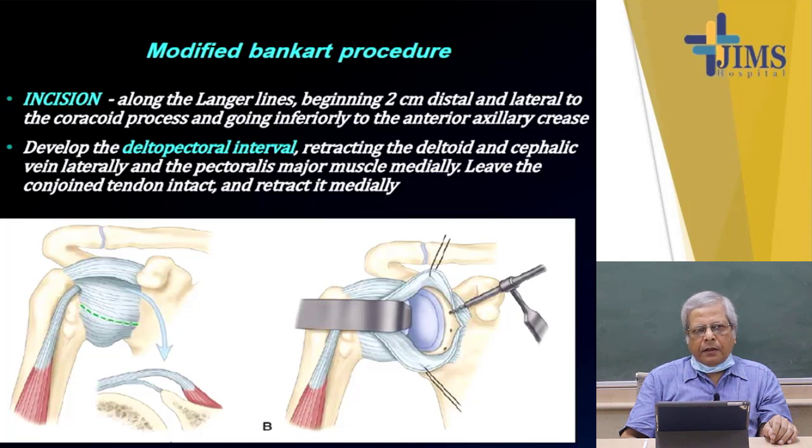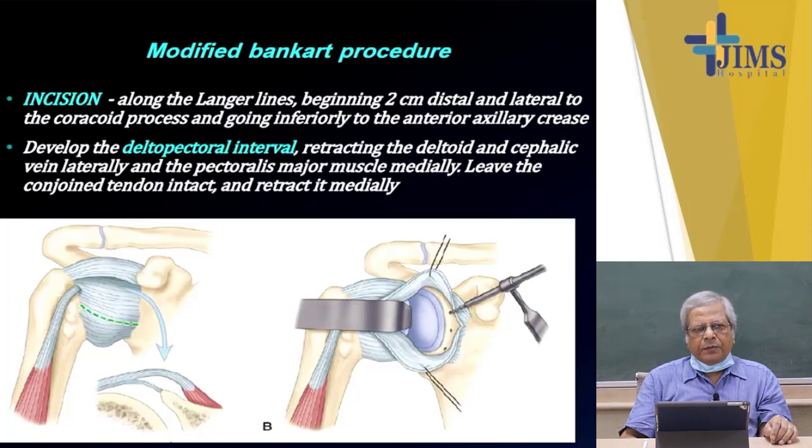Each time the humeral head moves out of the glenoid, there is damage to the articular cartilage covering the humeral head. What will happen if there is articular cartilage damage? That will lead to osteoarthrosis, degenerative arthritis of the shoulder joint at a very early age, say 30, 35 years.